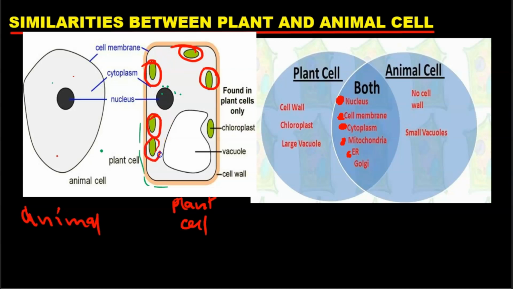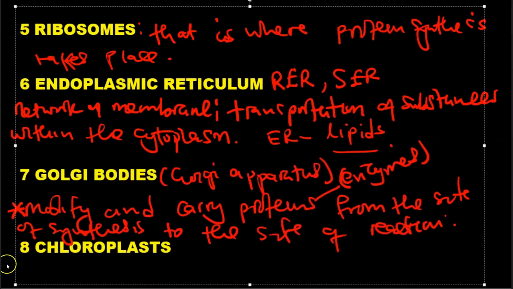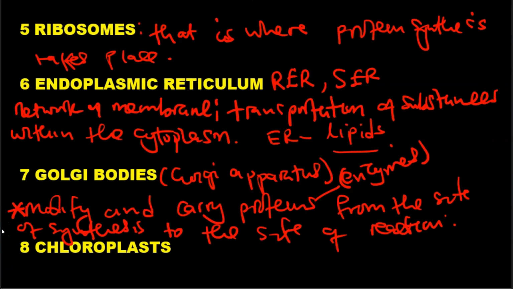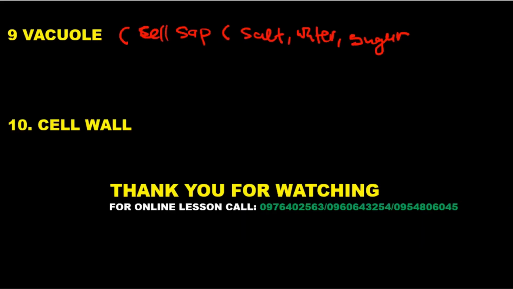The chloroplast helps during the process of photosynthesis. So the chloroplast enables the plant to carry out photosynthesis.